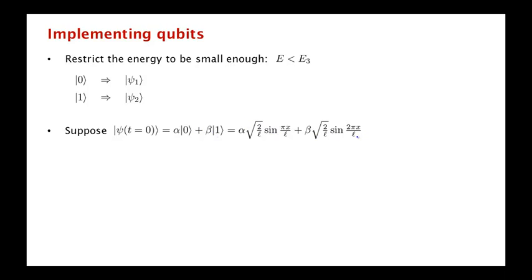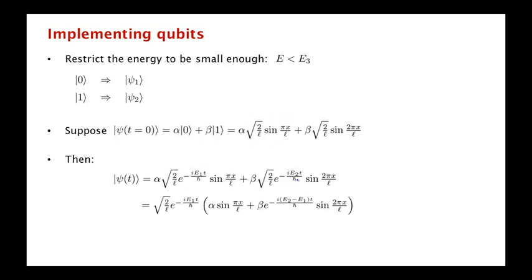And now, as we let this state evolve in time, of course, this first part of the superposition is going to precess at a rate proportional to E1, and the second one will precess 4 times as fast because it's at a rate proportional to E2.